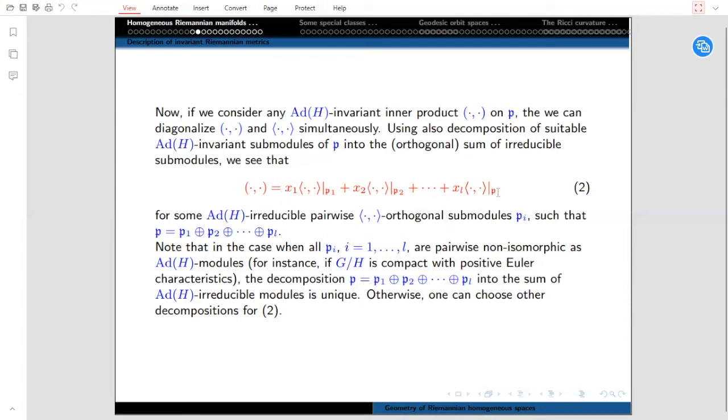This is a natural family of inner products. Okay. Is it okay? Yeah, thank you.